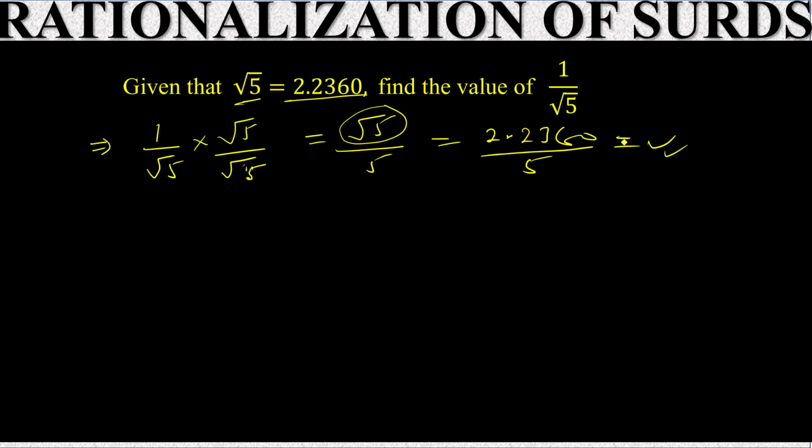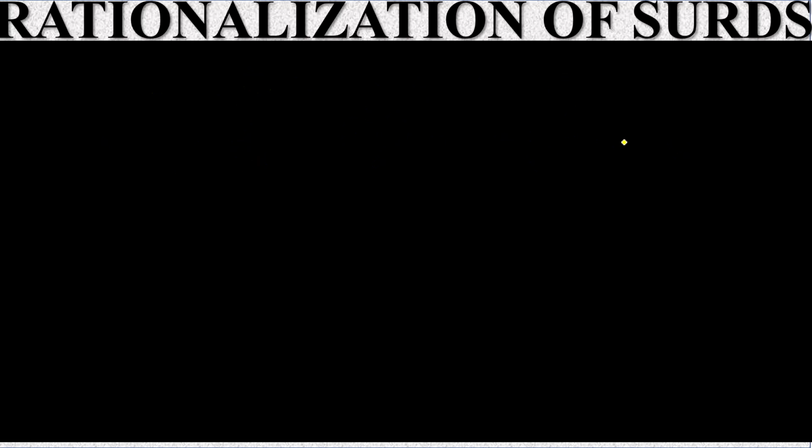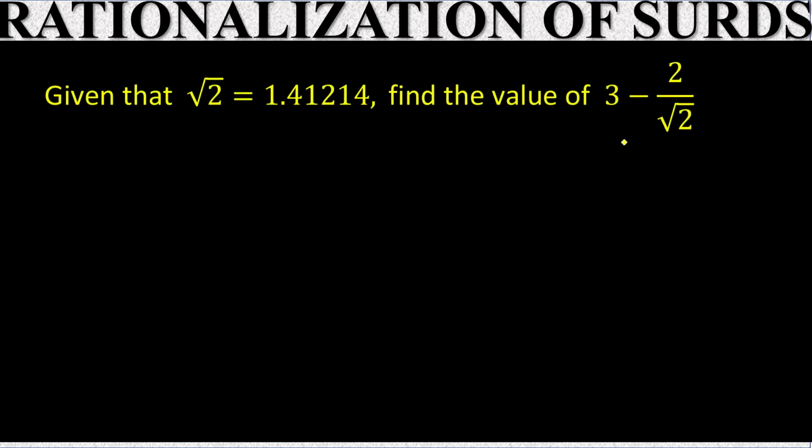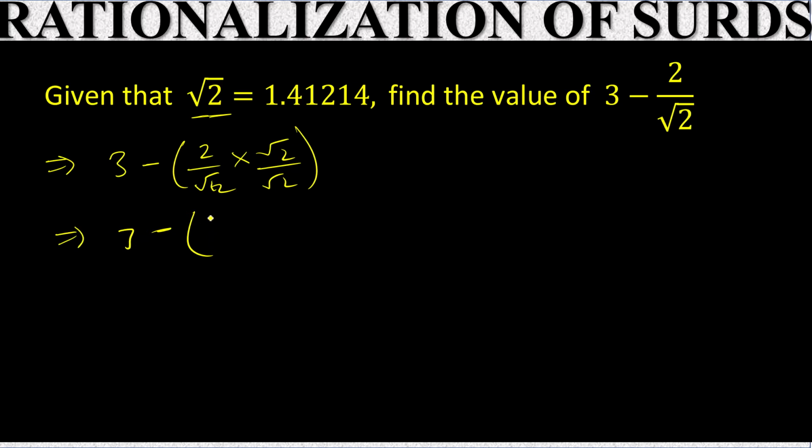Alright, so let's move on to the next example. Same thing here. We have root 2 equals 1.41214. So this one is not difficult. We have 3 minus 2 on root 2 times 2, so we have 3 minus 2 root 2 over 2.